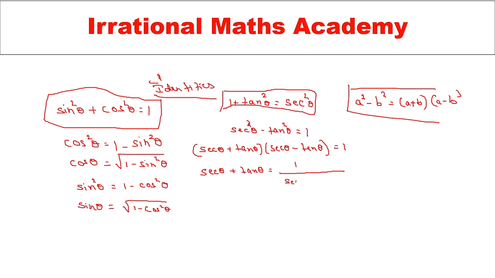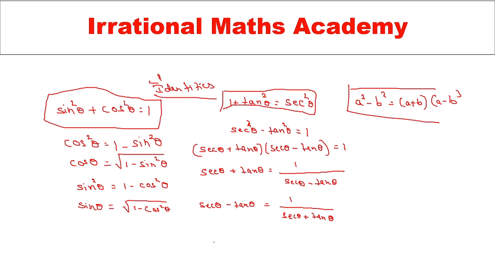Okay, we get this in the denominator. 1 by secant theta minus tan theta. Similarly, if I want secant theta minus tan theta, I can write it as 1 by secant theta plus tan theta.